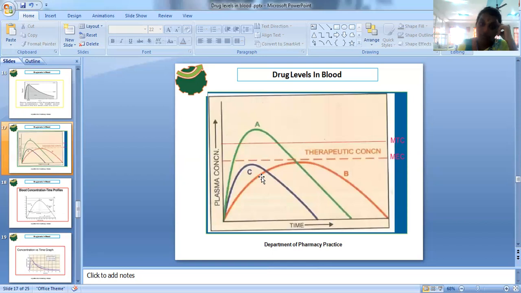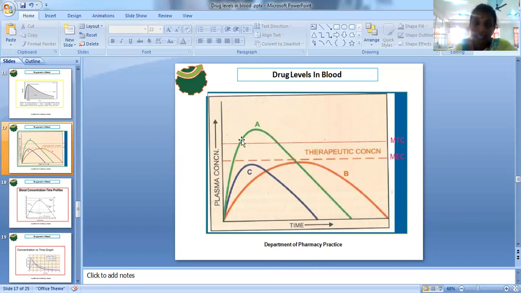If the Cmax is high, then the Tmax will be low. This is the MSC, and this is the MEC. This is the therapeutic range, which is also called the therapeutic response. By seeing this graph, you can find which graphs fail to give the optimum therapeutic activity. If you see this green color curve, what will happen?